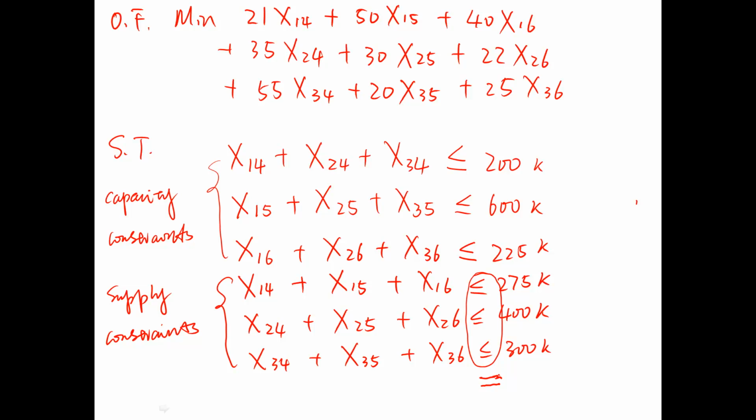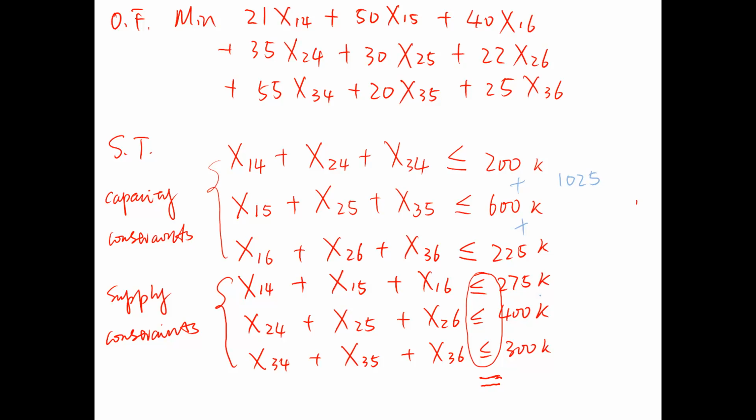Okay, but before we change the sign, there's something that we need to consider. That is whether we have enough capacity to process all those citrus here. So what is our total capacity? Let's add this number up. Okay, that gives us 1025. So that means in total, at these 3 processing plants, we can process 1025 thousand bushels of citrus.